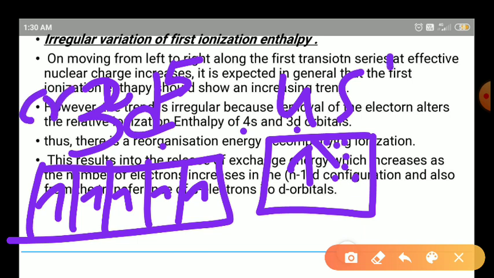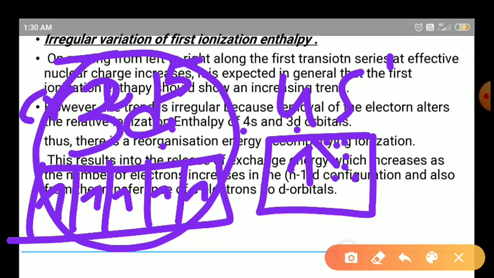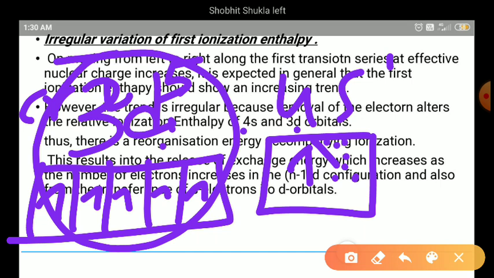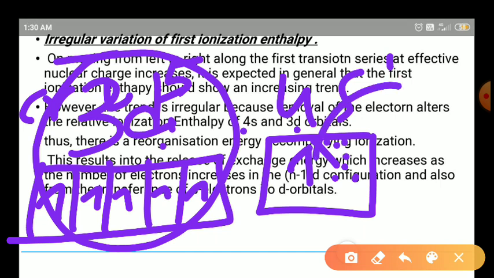The first ionization enthalpy of chromium is very low, because it wants to stabilize itself as 3d5. That's why it more easily releases the 4s electron from the outermost orbit.